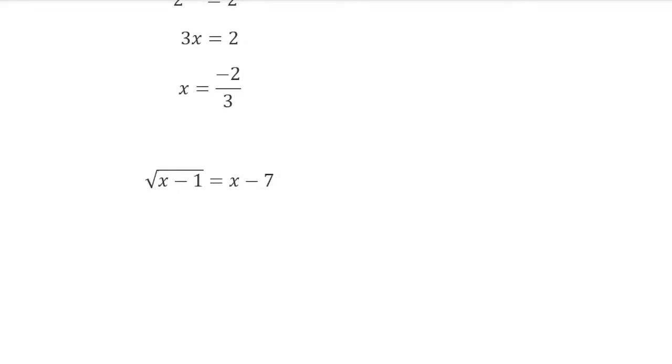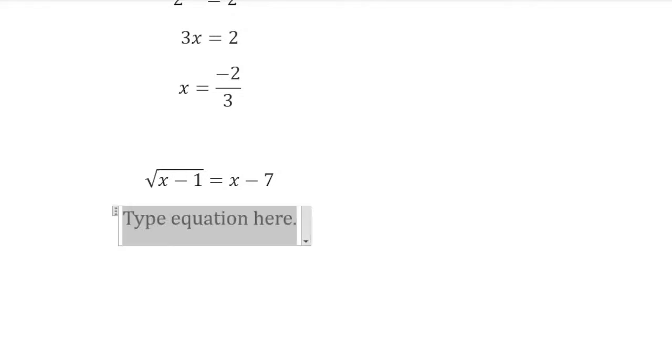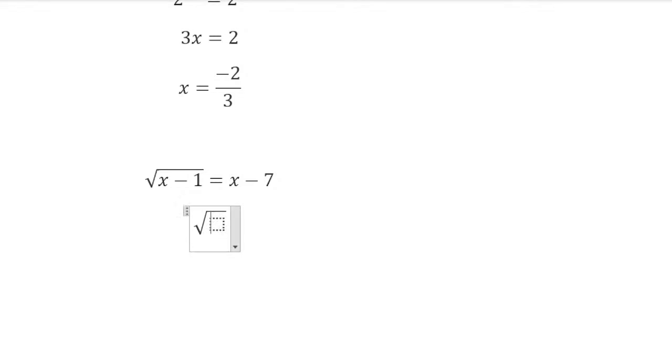Now, when we have a square root sign and we have to remove it, the only way to remove it is to square, and whatever you do on the left hand side, you must also do on the right hand side. So here we have x minus 1, all squared.